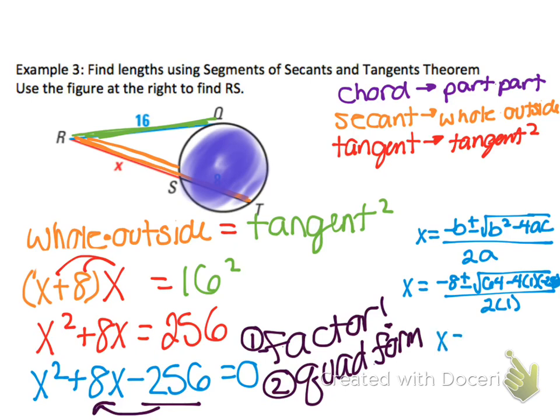Simplify again, and x is going to be equal to negative 4 plus or minus 4 times the square root of 17. So you're going to have a little bit of simplifying involved in that one.